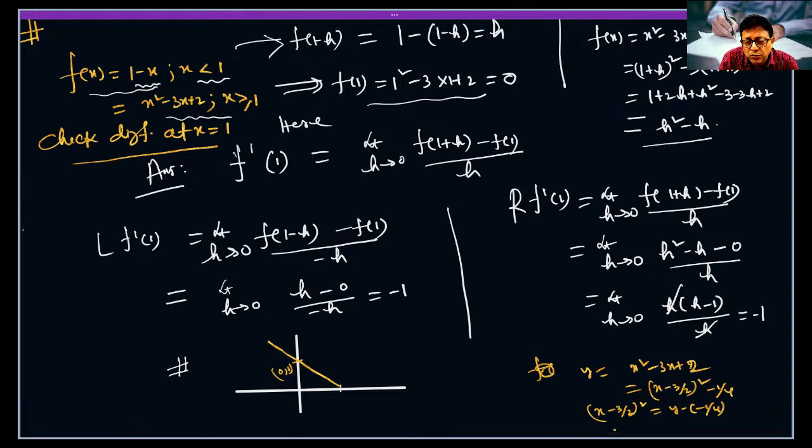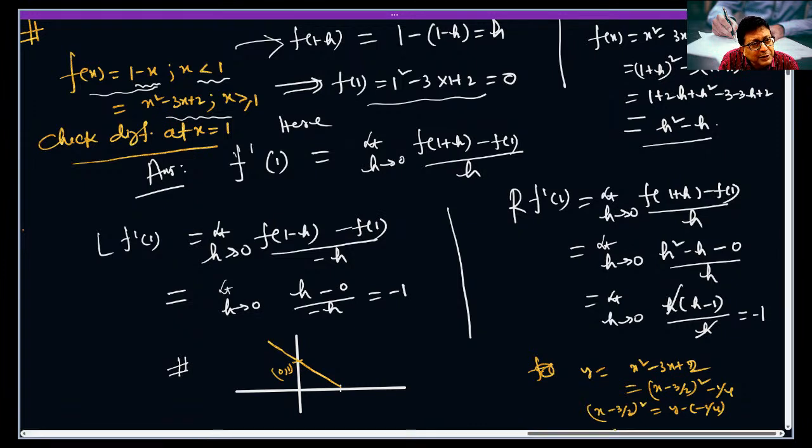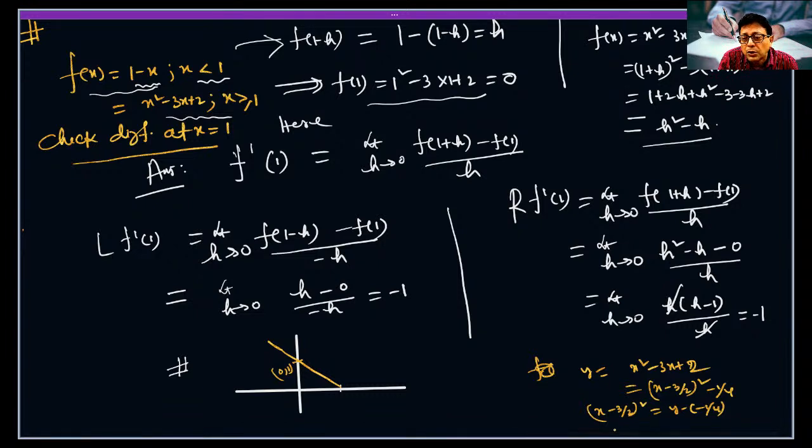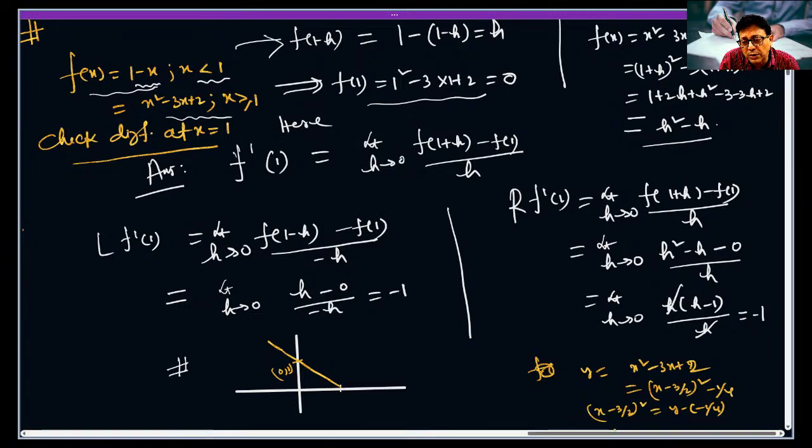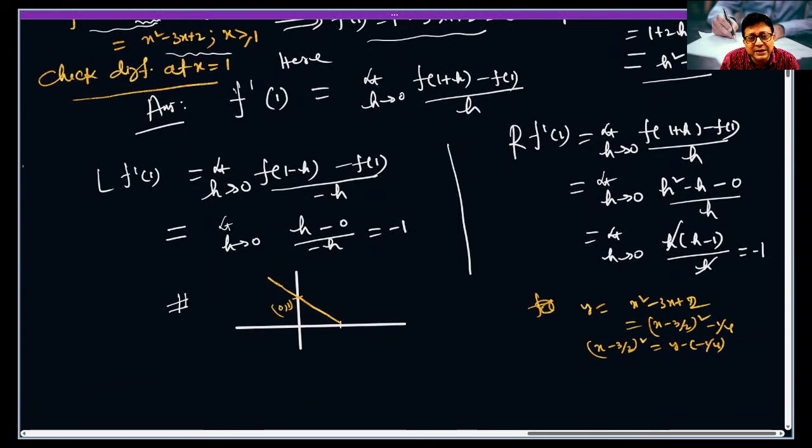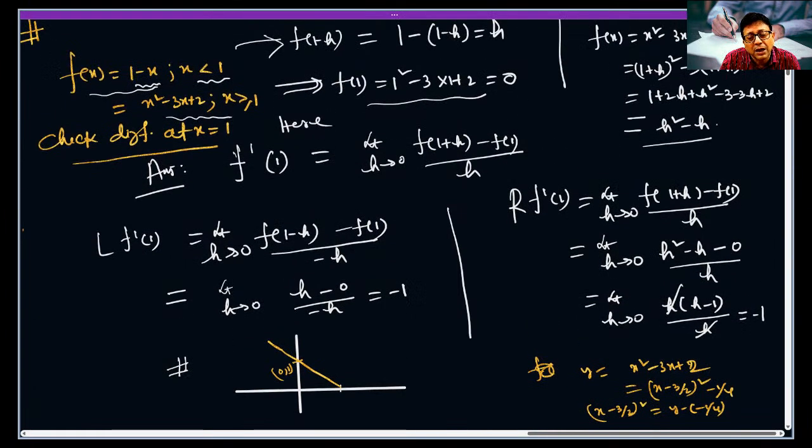So the vertex is (3 by 2, minus 1 by 4). And for x equal to 1, it has value 0. So this graph will be pointing upward, and (3 by 2, minus 1 by 4) is the vertex. It will be pointing upward over there.